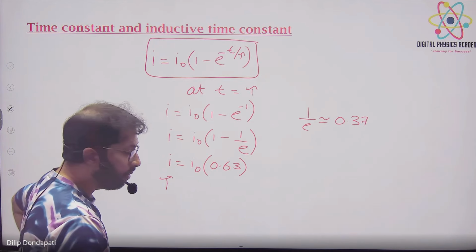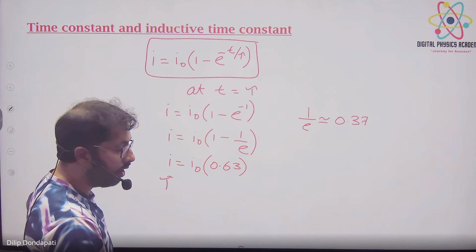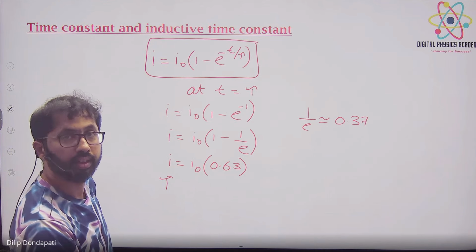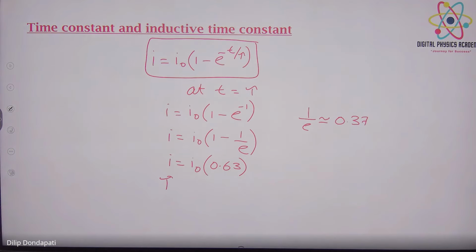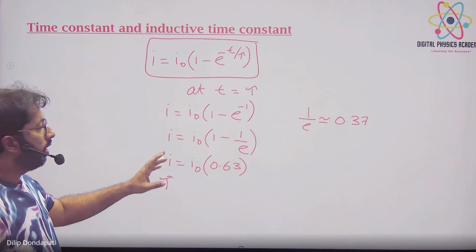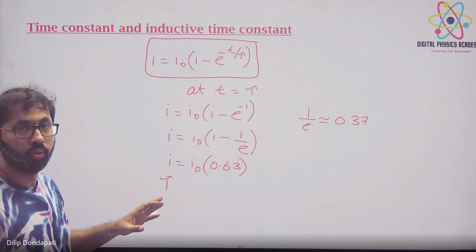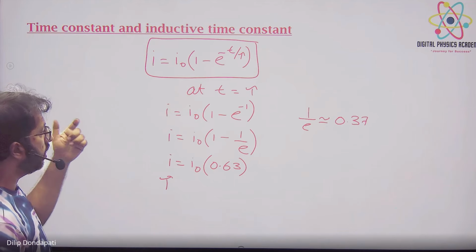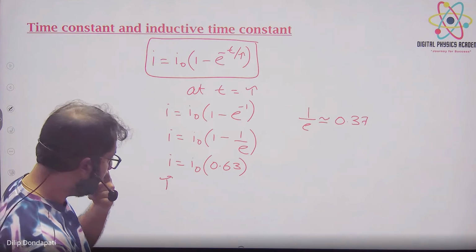Tau is that time in which the current reaches 63% of its maximum value. That means at the time tau, the current reaches 63% of maximum. That time is called tau. Okay, tau is called the time constant, that is tau is equal to L by R, called the inductive time constant, L by R.